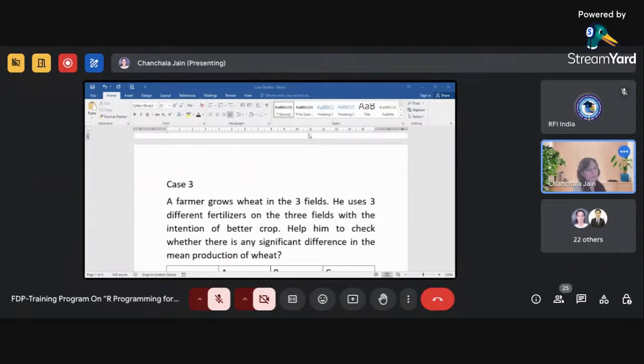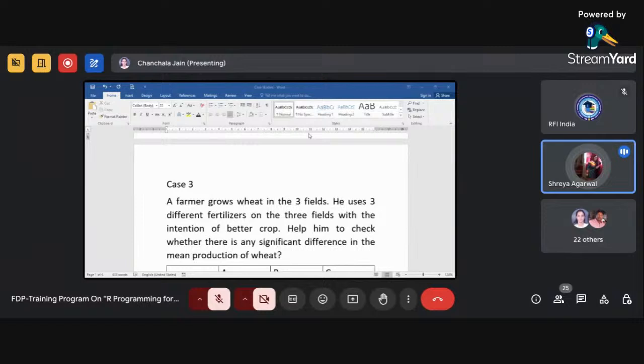Madam, I think it's regression. Regression is the second opinion. Fine. Shreya ma'am? Ma'am, there are three different categories of fertilizers on 3 fields, so isn't it something related to ANOVA?